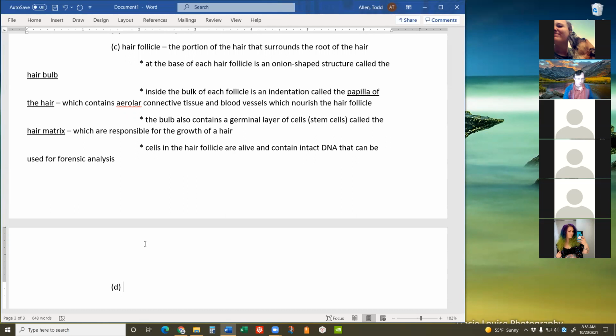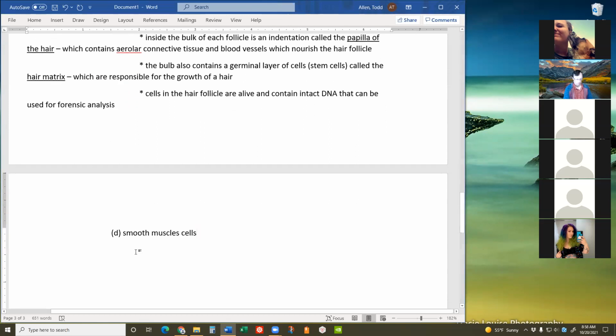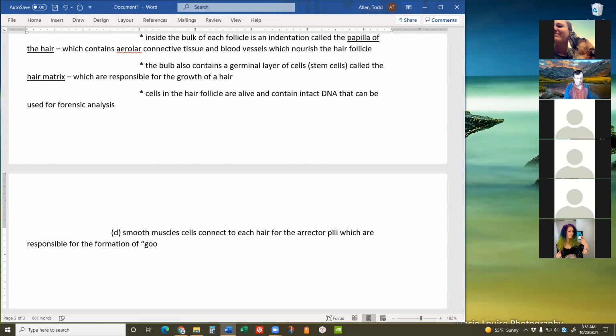So smooth muscle cells connect to each hair and form the erector pili, which are responsible for the formation of goosebumps.